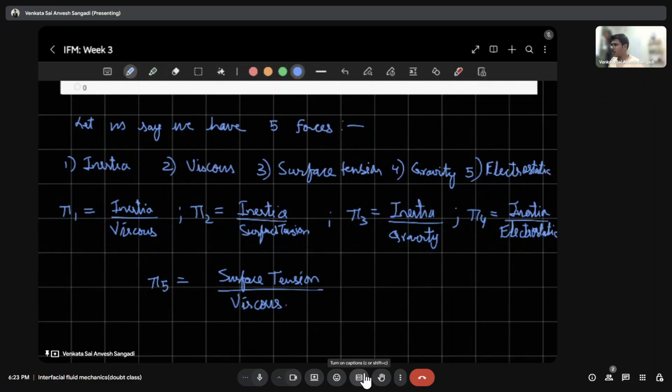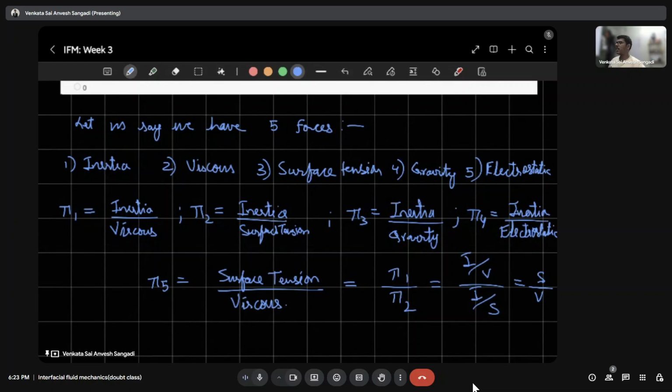To get this, we can simply do pi 1 divided by pi 2, which is inertia by viscous and inertia by surface tension, which gives us surface tension by viscous.